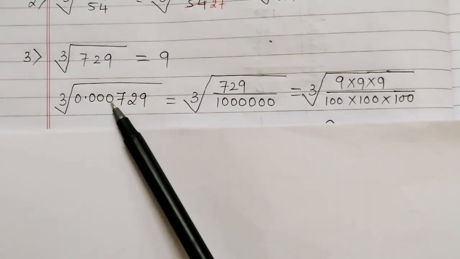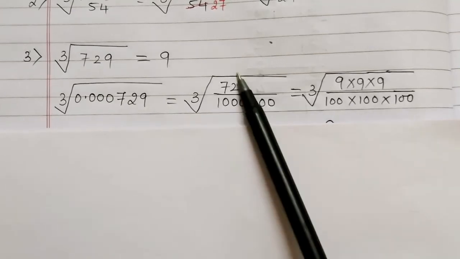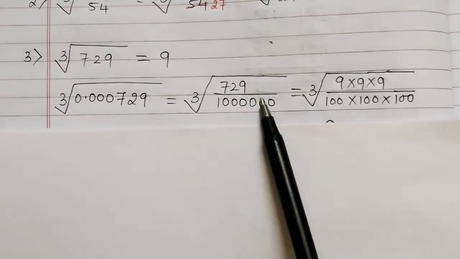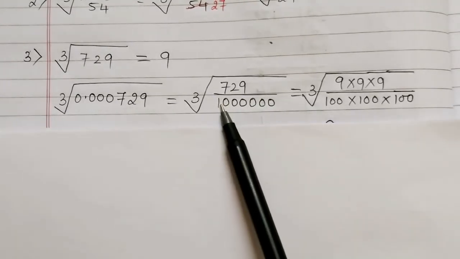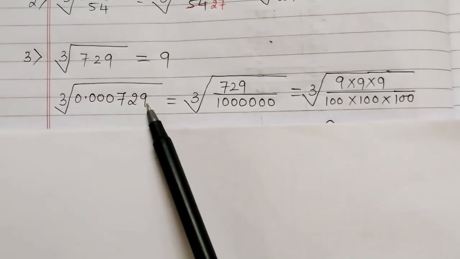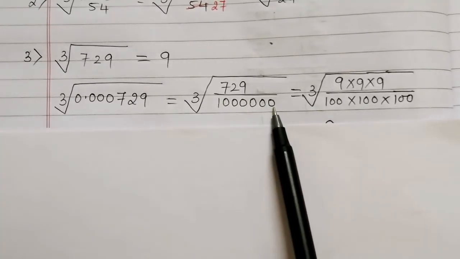After the decimal there are 6 digits. So we will write this as 729. The 0 we won't write, and below that after 1 we will put 6 zeros, because after the decimal there are 6 digits. So here in the denominator after 1 we will put 6 zeros.